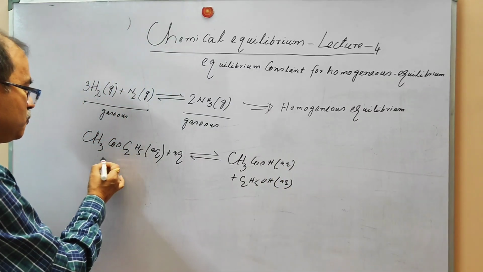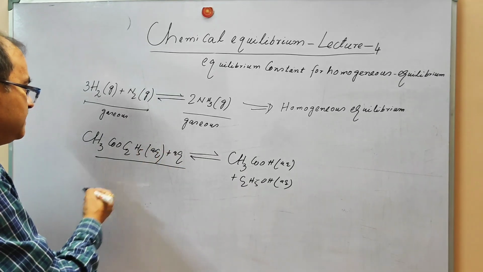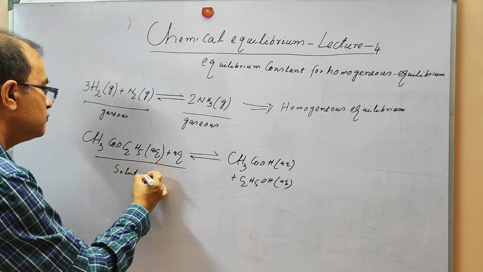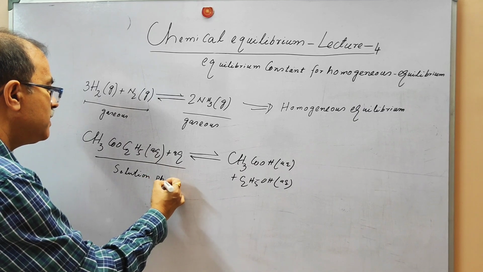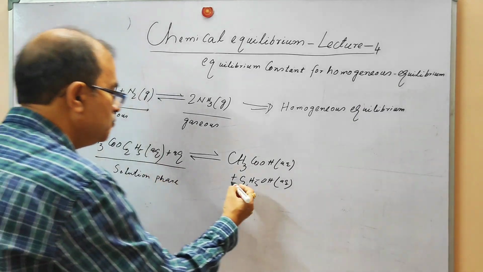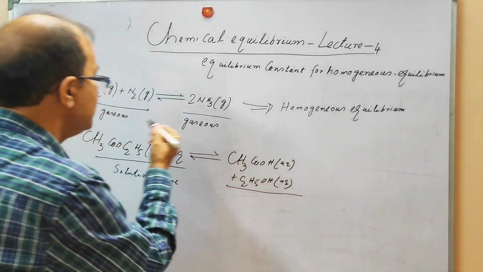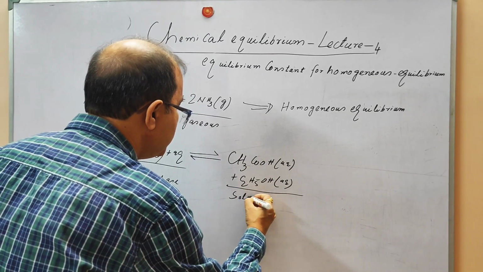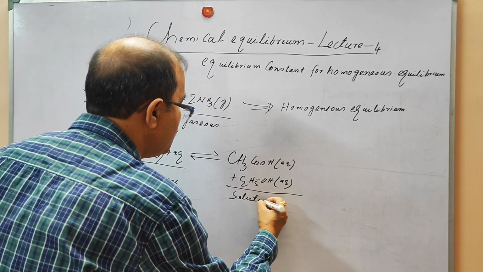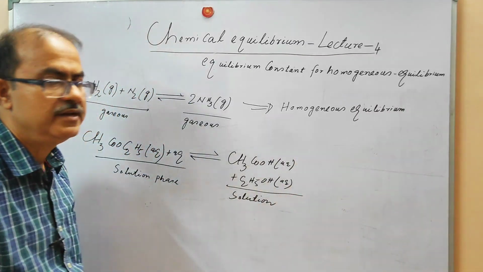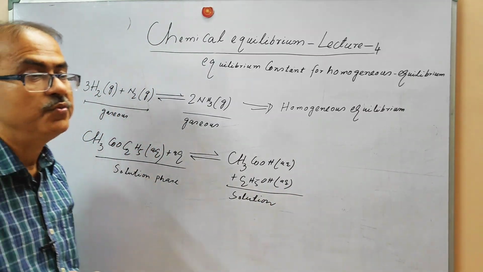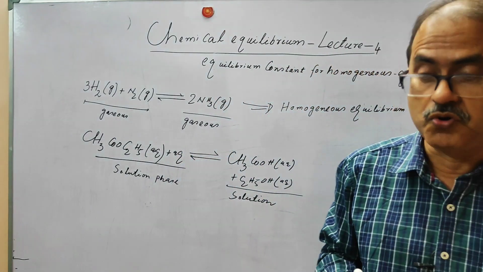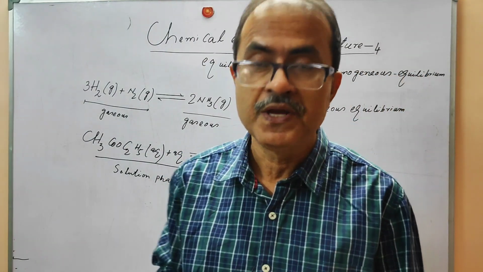So you can see the reactant is in the solution phase, and the product is also in the solution phase. This is product and this is reactant. So this is also an example of a homogeneous reaction or a homogeneous system, and the equilibrium in this system we will call the homogeneous equilibrium.